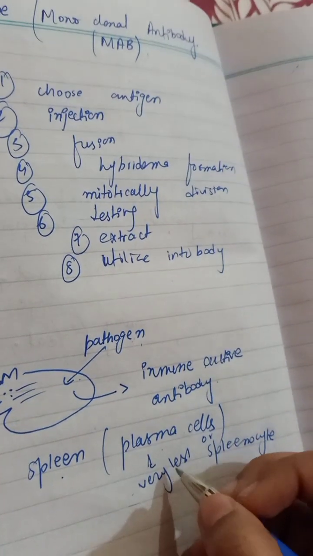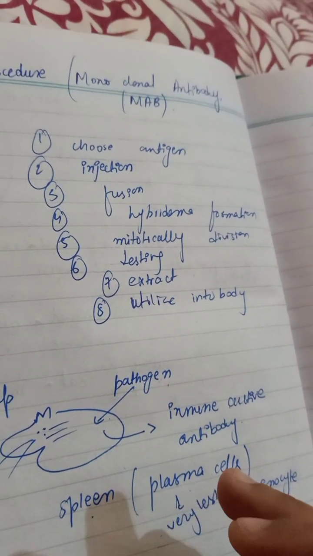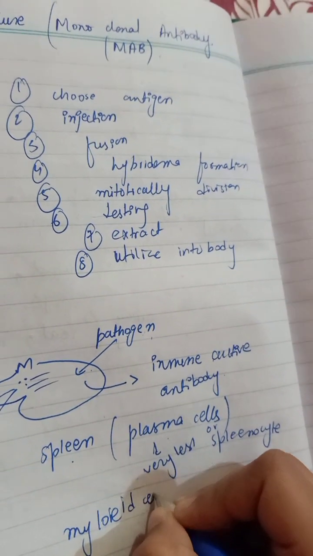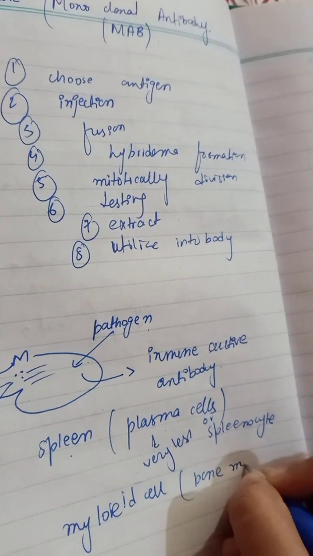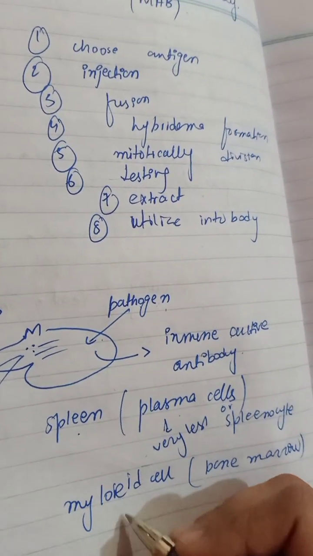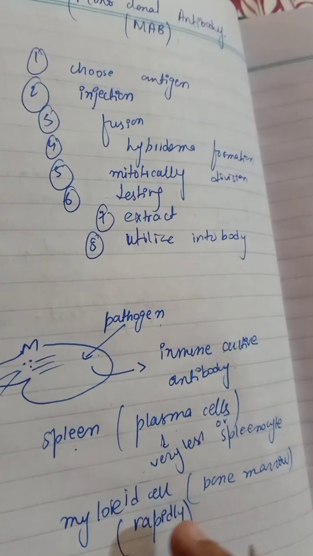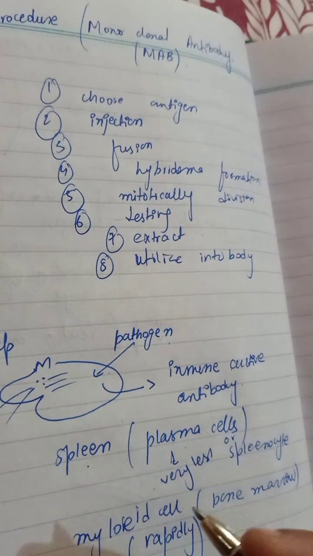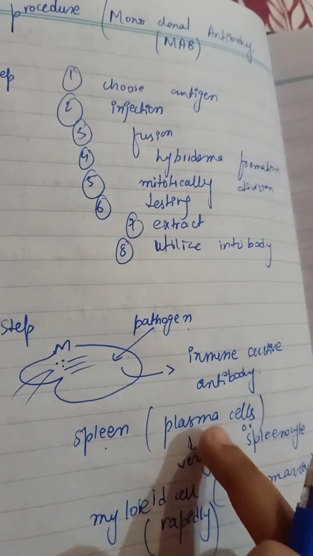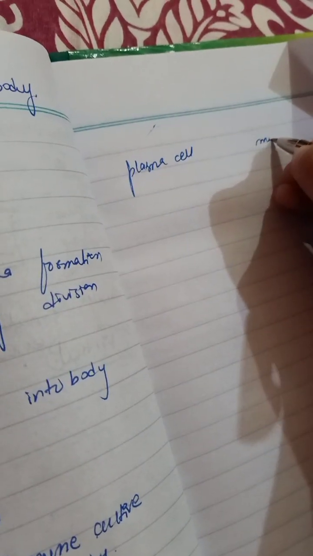Plasma cells are a type of WBC which make antibody against the antigen. We also extract myeloid cells from the bone marrow. Why are we taking the myeloid cells? Because myeloid cells divide very rapidly. What are myeloid cells? These are tumor cells, like cancerous cells, so they have an uncontrollable dividing ability. So we have extracted the plasma cells and myeloid cells.